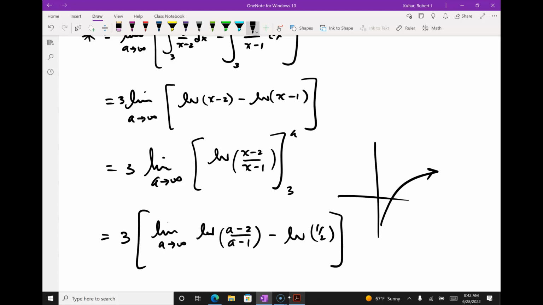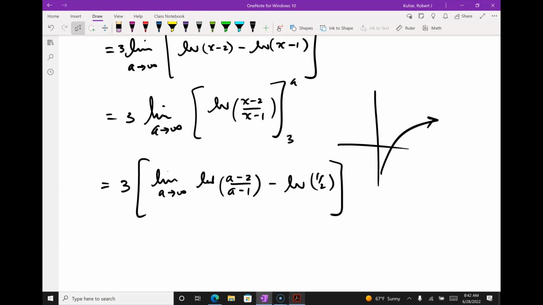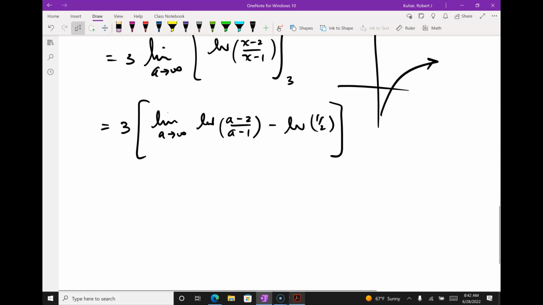When I plug 3 into x minus 1, I get a 2. So what happens with this ln, if you remember, ln's continuous, I can move that limit inside.